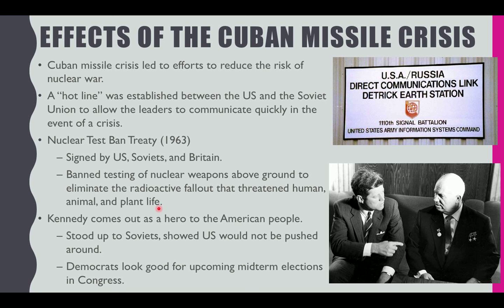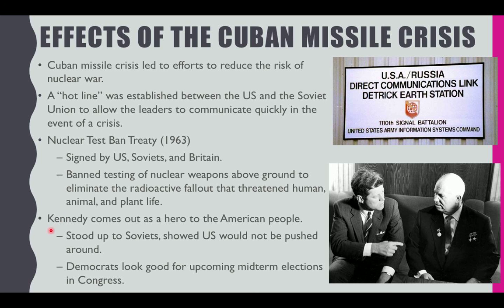The reason that we're doing this is we're trying to eliminate that radioactive fallout. Think Hills Have Eyes. The radioactivity from testing these weapons is bad for humans, animals, the environment, and it doesn't just dissipate. It takes decades to heal from the radioactive fallout. So the Nuclear Test Ban Treaty is literally what it says. Nuclear tests are banned.